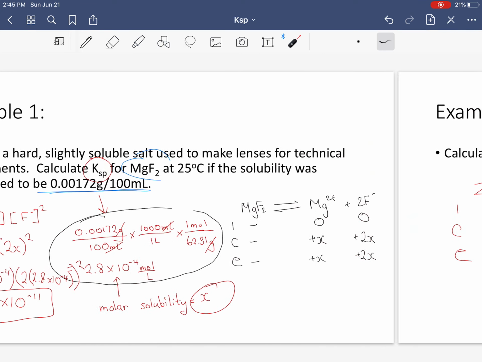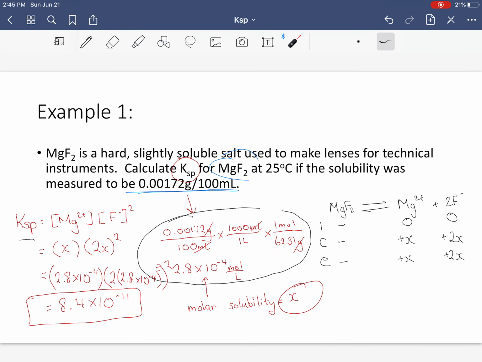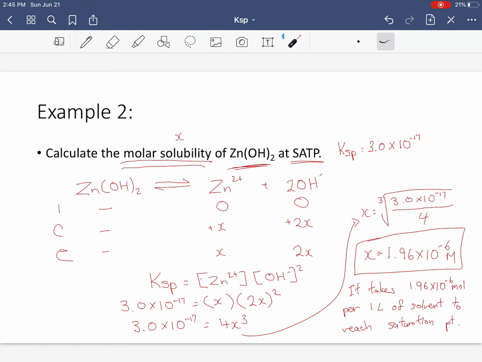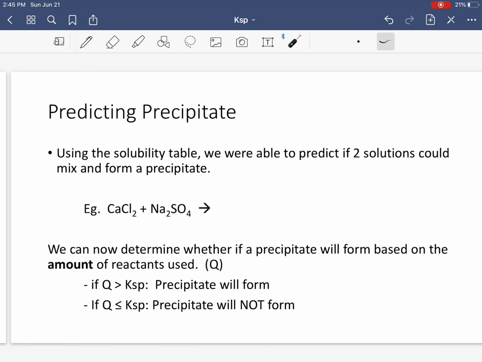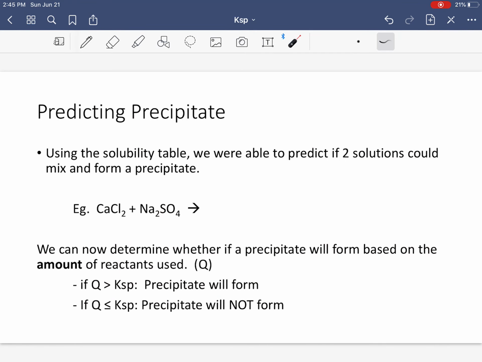So hopefully you are comfortable with the language of Ksp and molar solubility, and able to convert these two based on what we did in the first two examples. Now, those are not very important. What's important is predicting precipitate. And again, you're probably saying, oh yeah, I know how to do that.